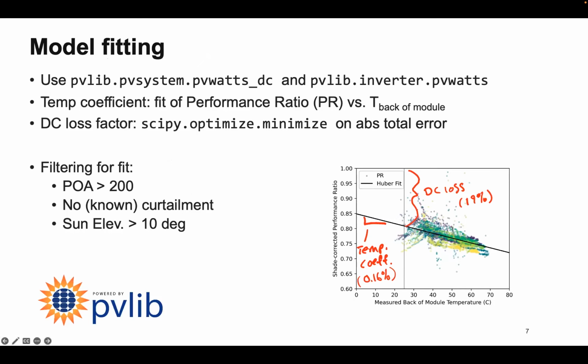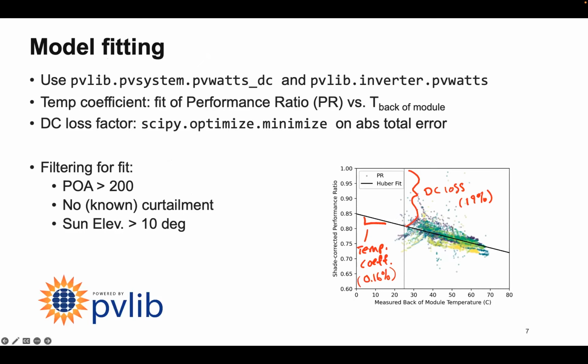We're using PVLib's PVWatts models, and for a temperature coefficient, rather than a spec sheet coefficient, we are doing a fit of the slope of performance ratio versus measured back-of-module temperature, shown in the diagram at the bottom there.